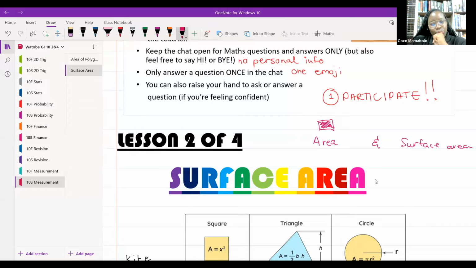Surface area is the measurement of the exposed surface of a solid shape, three-dimensional. Correct. The whole surface. So it's the total surface area of all the sides of a three-dimensional shape. Well done, Funzo. That's exactly the answer I was looking for.